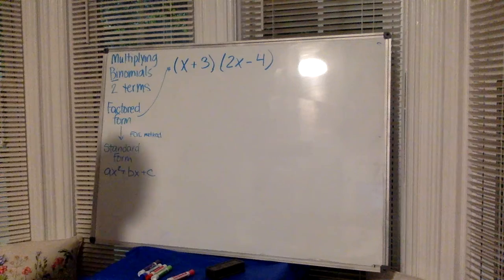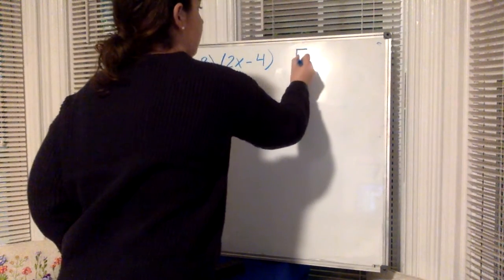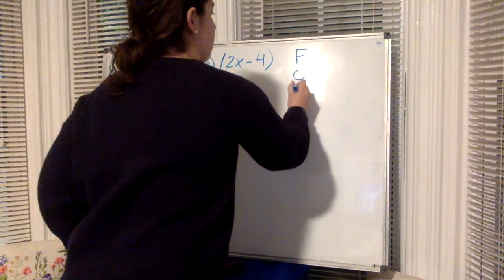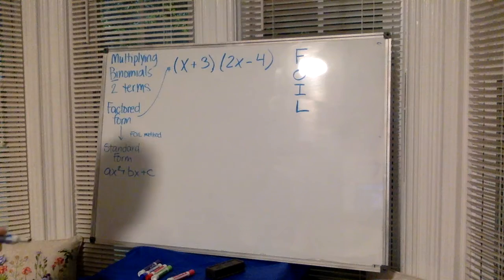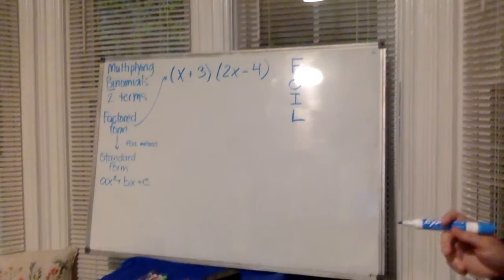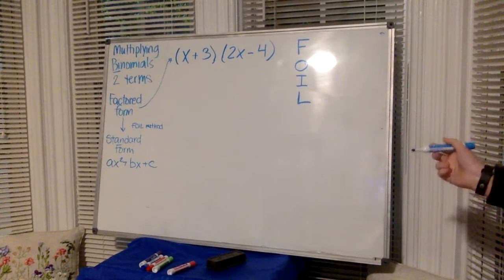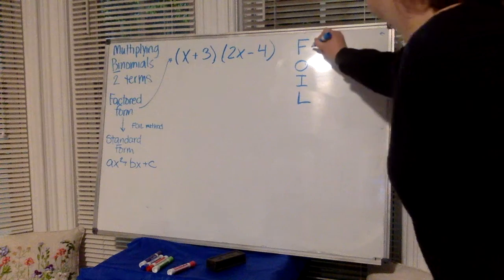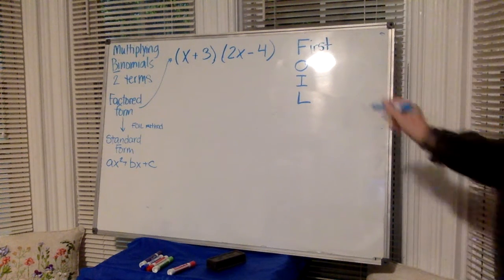So that FOIL method we talked about, F-O-I-L. What does that stand for? F stands for first. O stands for outside.